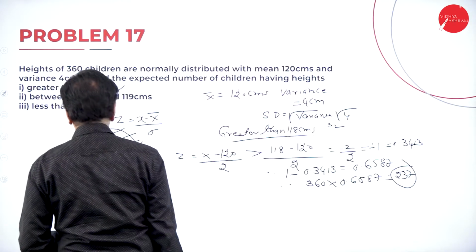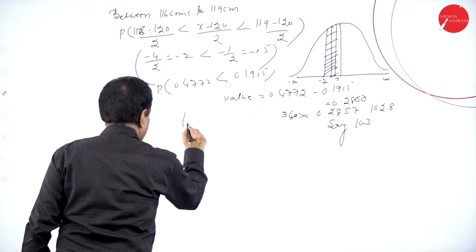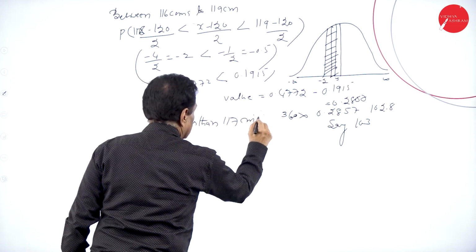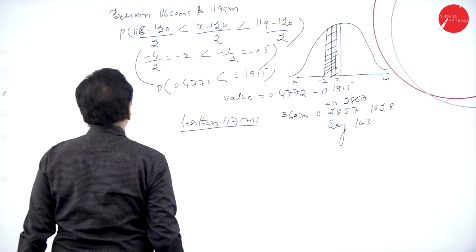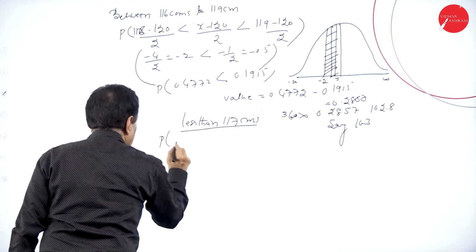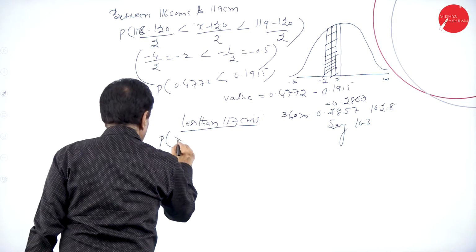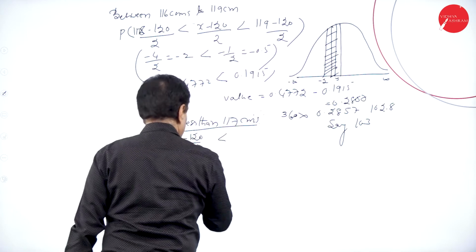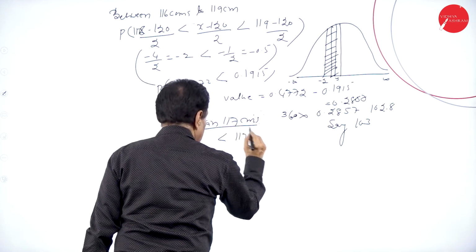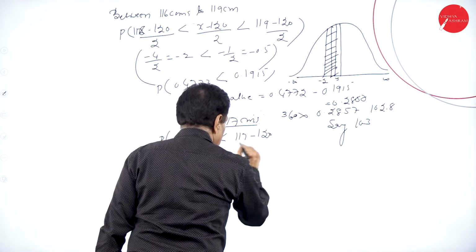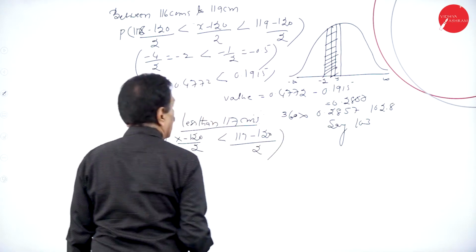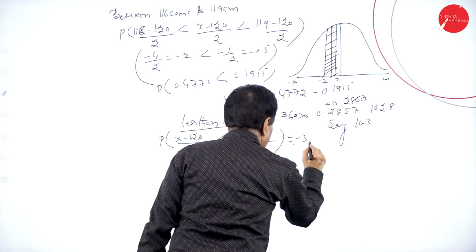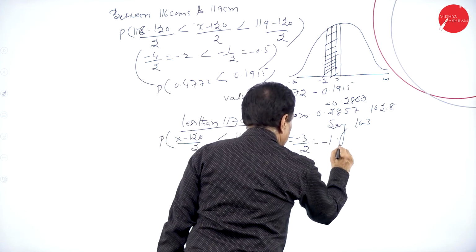Then the last one, less than 117 centimeters. So P of x minus 120 divided by 2 less than 117 minus 120 divided by 2. 117 minus 120 is minus 3, divided by 2 is minus 1.5.